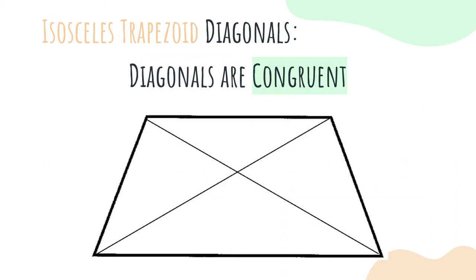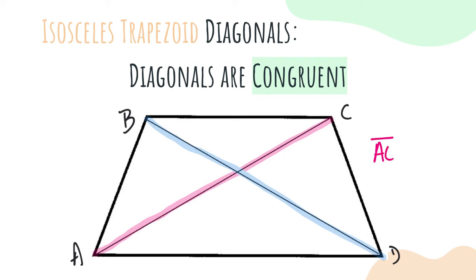We also know that the diagonals are congruent. So this diagonal right here is congruent to this diagonal right here. We do not know that the two halves of the diagonals are congruent, but we do know that diagonal AC is congruent to diagonal BD.